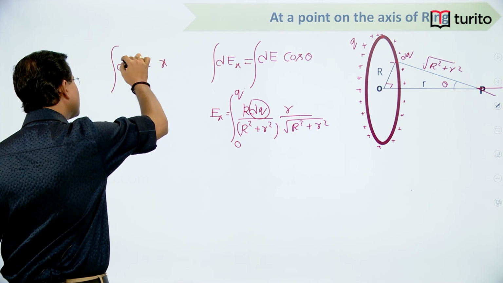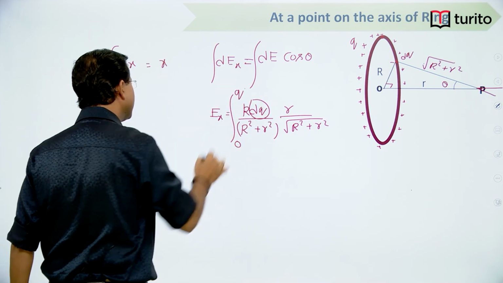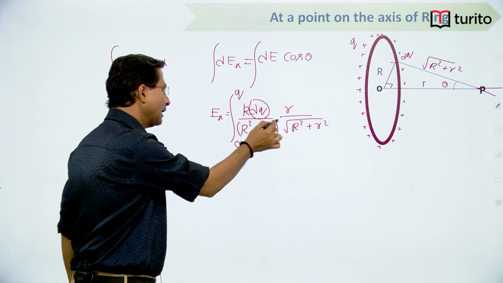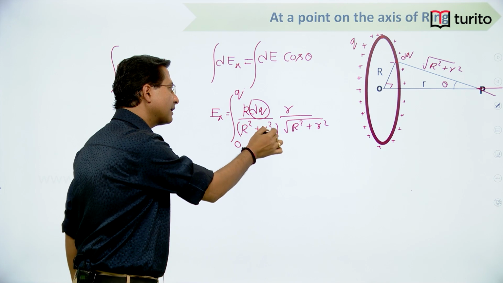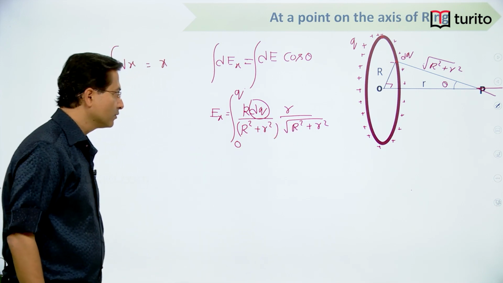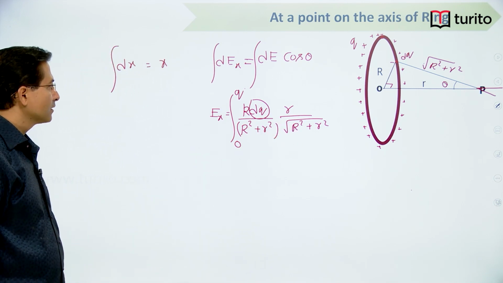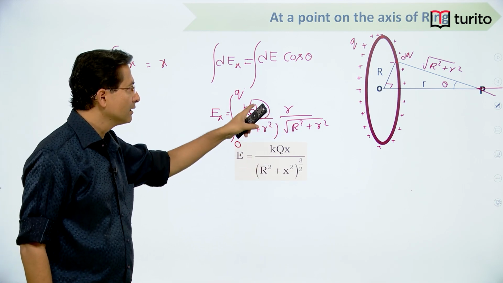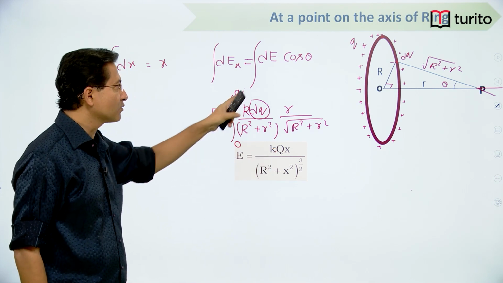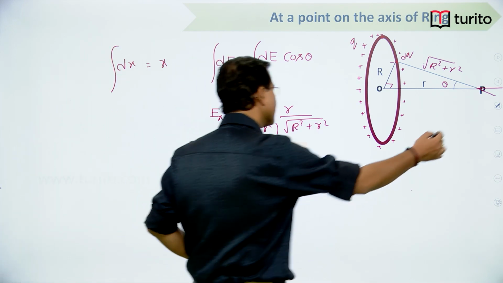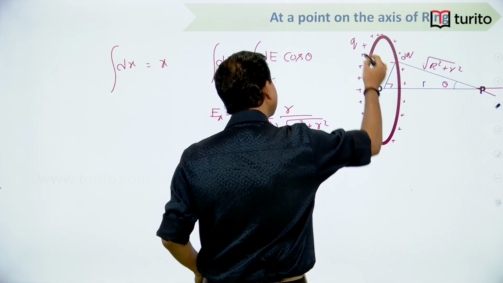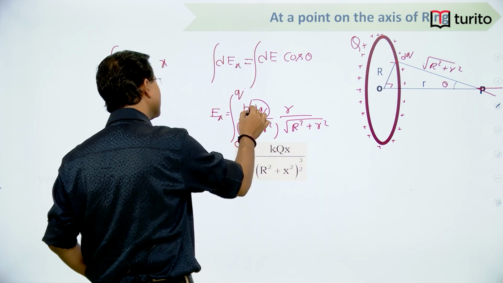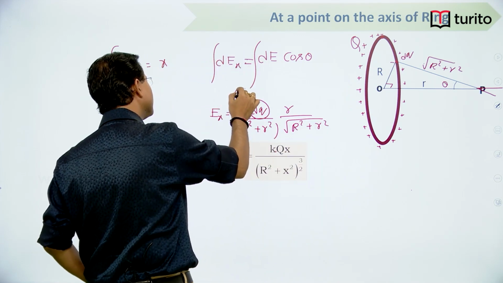So, if I integrate this and put in the limits, then I will get Q here, and this will become R square plus small r square to the power 3 by 2, right. I hope it is clear. Now, if I simplify this, then I will get kQ, where I am representing capital Q as the total charge. So, instead of taking this as a small q, here it is taken as capital Q.